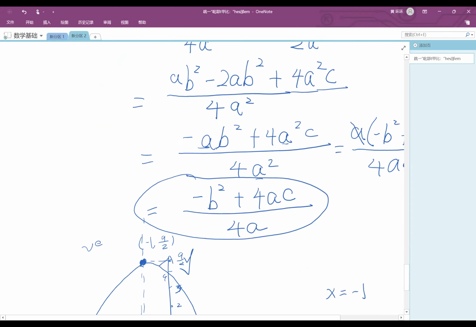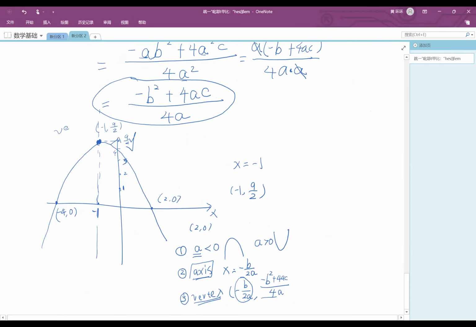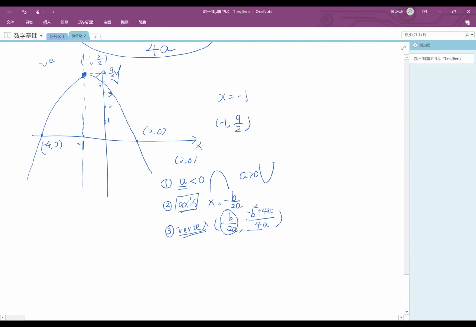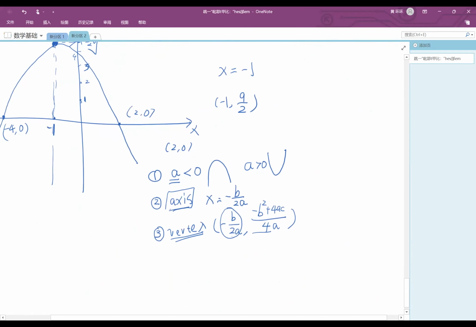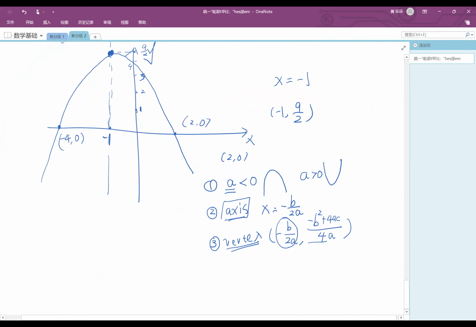This is the y coordinate for this parabola. This is the vertex. Okay, this is the third property.